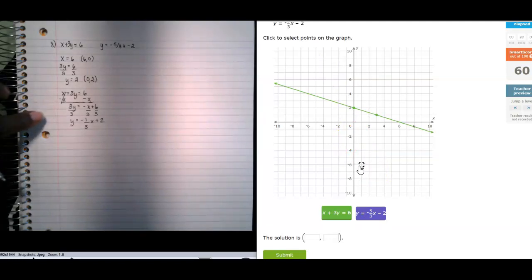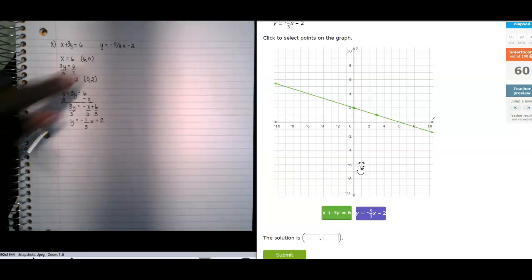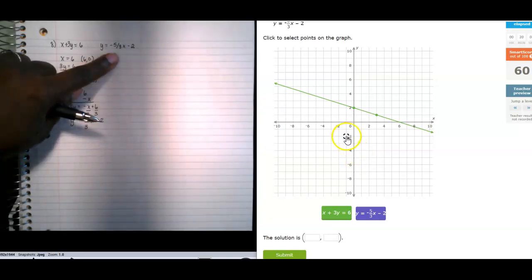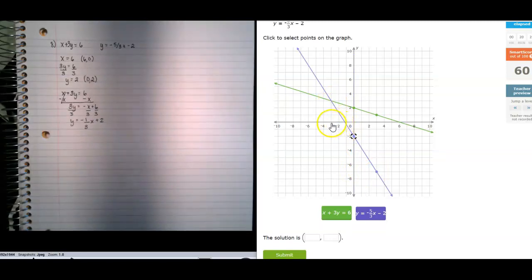And it might be the distortion of my window too, because I have two things next to each other. So I've got negative 2, down 5, 1, 2, 3, 4, 5, and over 3. 1, 2, 3. There we go, that's better. So negative 3, positive 3. That's the solution to my system.